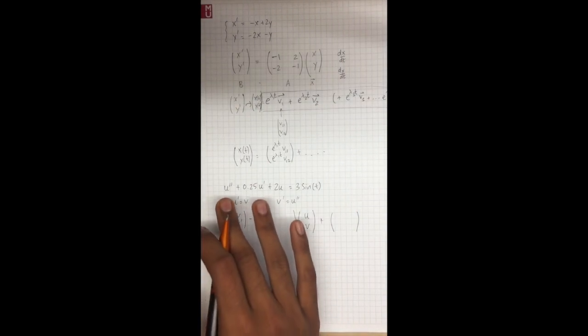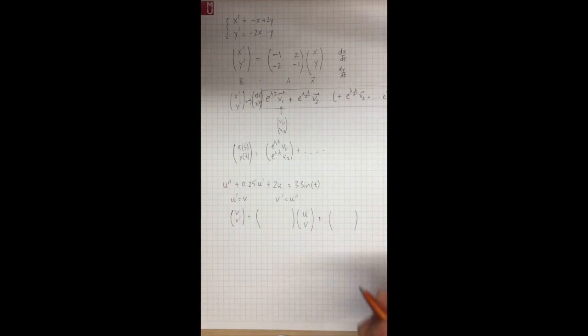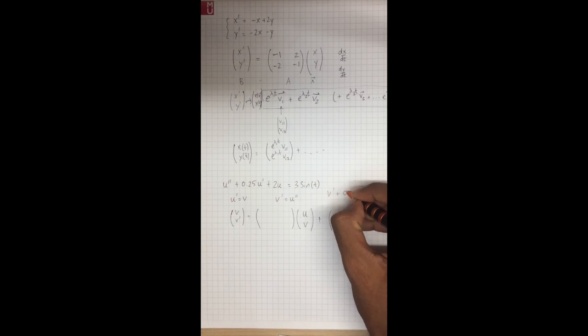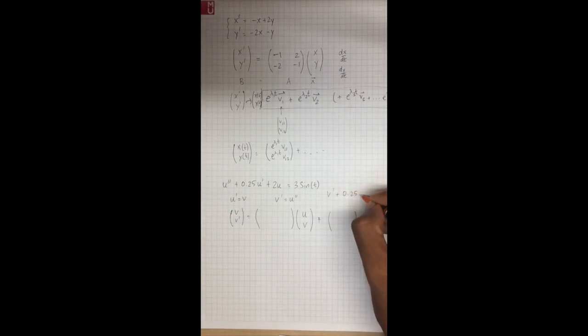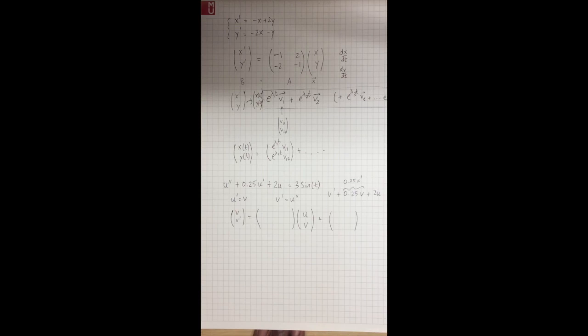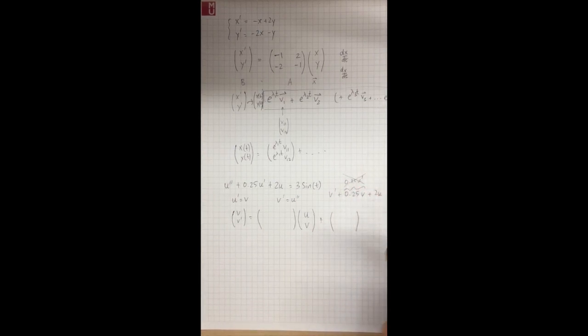Because this equation is going to change to v prime plus 0.25v plus 2u is equal to 3 sine t. Or this term could also be 0.25 u prime, so we have to stick to one thing. I'm going to use u and v, so I'm completely rejecting u prime, because I'm just using v.